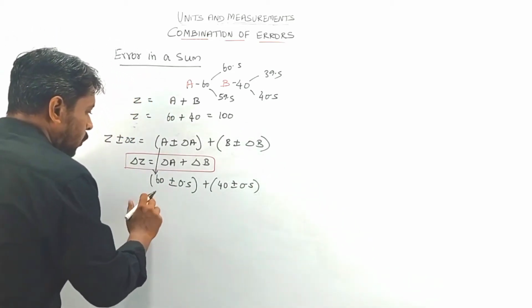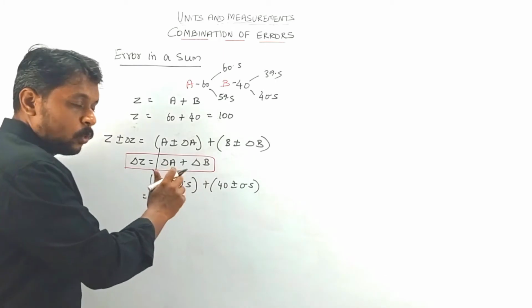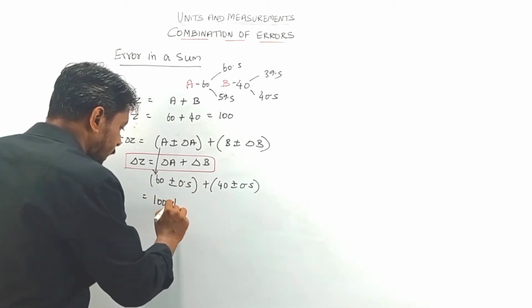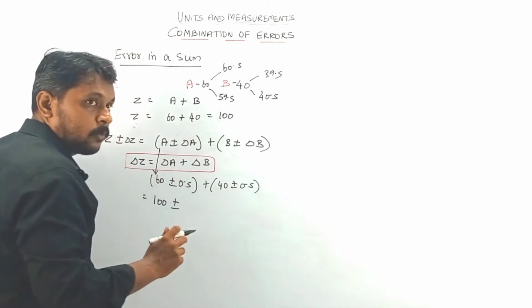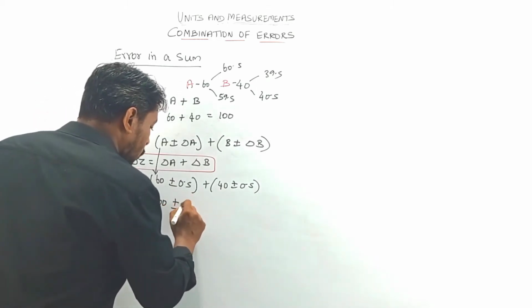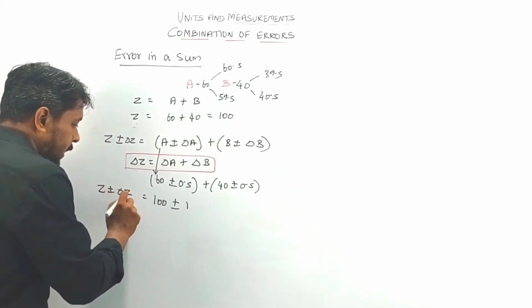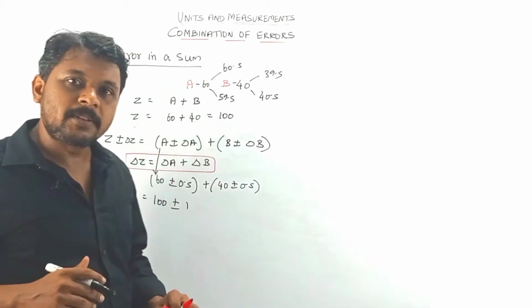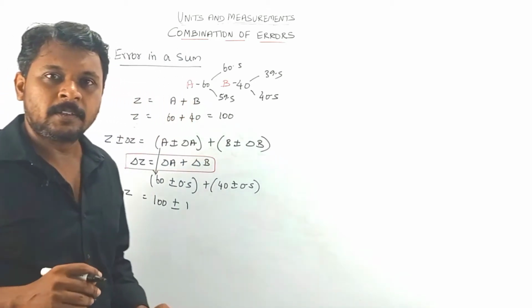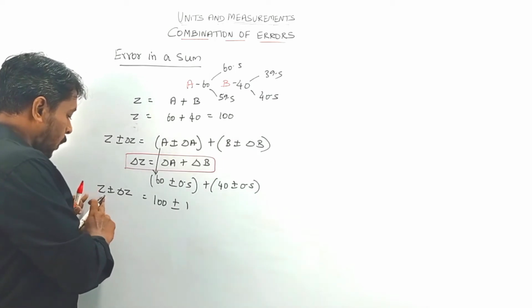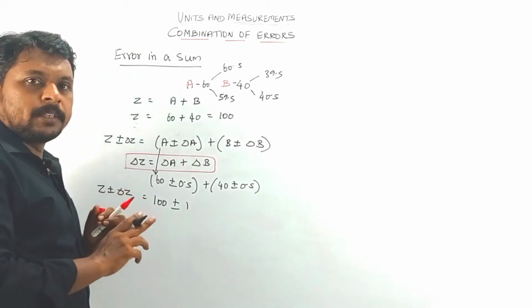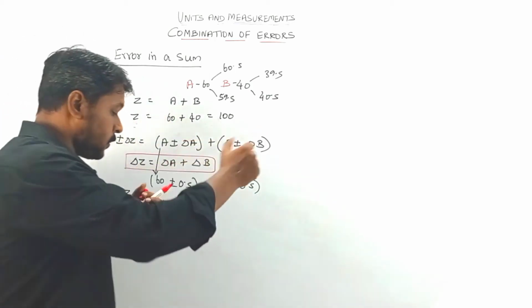Adding the true values, 60 plus 40, we get 100. Then plus or minus 0.5 plus 0.5, we have to add the errors, 1. So 100 plus or minus 1. So Z plus or minus delta Z is equal to 100 plus or minus 1, the value of output with error.